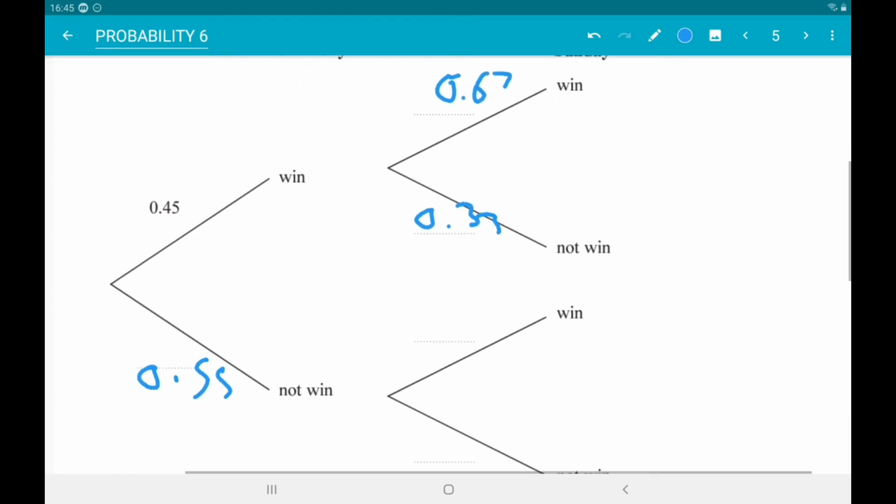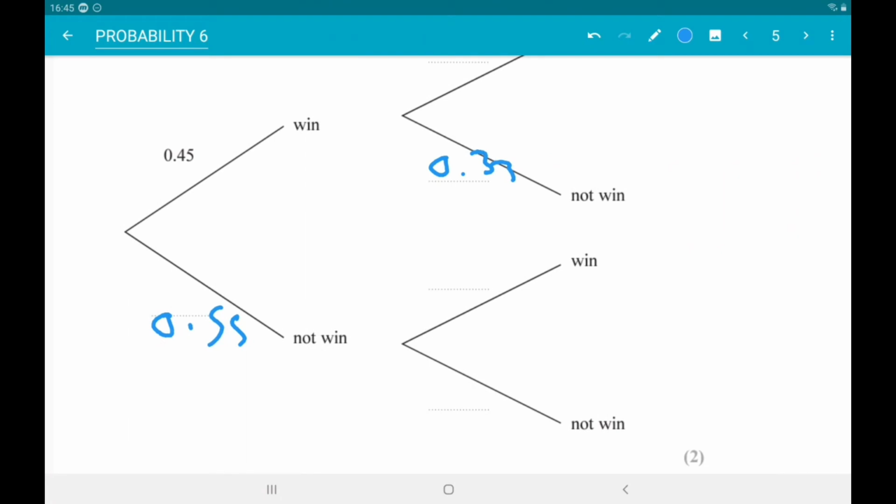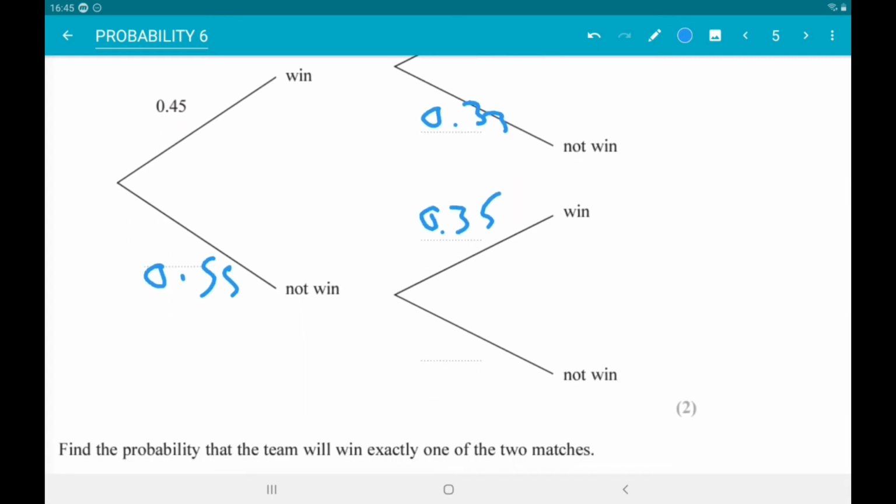Now, if they did not win on Saturday, the probability they win is 0.35 on Sunday. So the probability they do not win is 0.65.